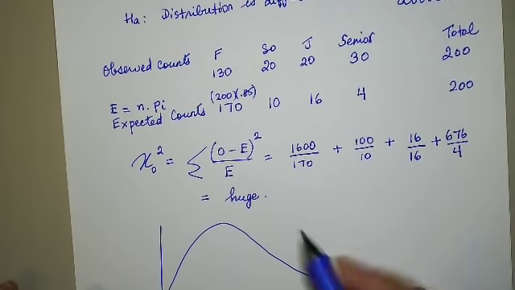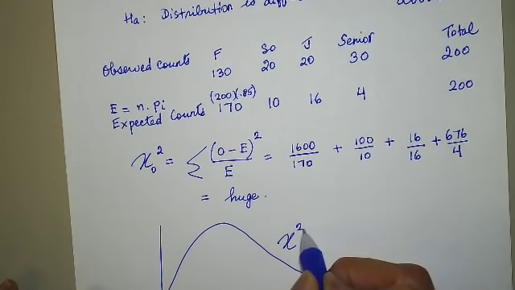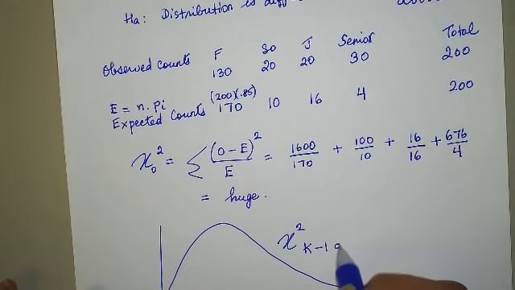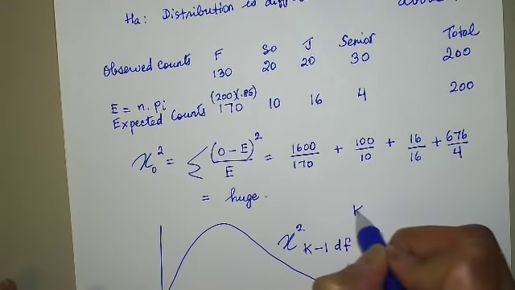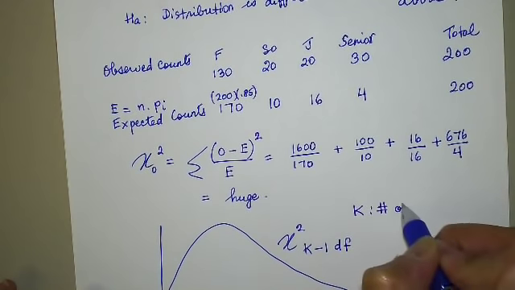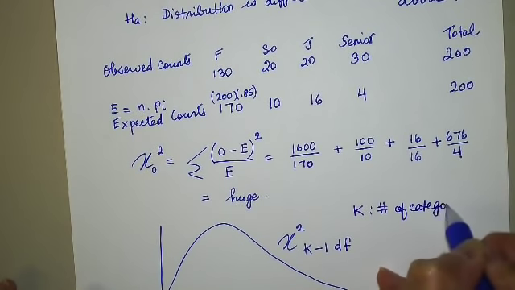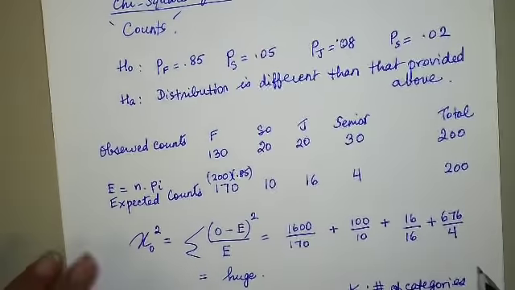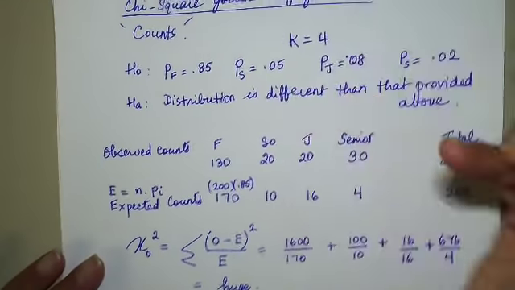I don't know what 26 squared is. 676. Divided by 4. So my test statistic is going to be huge, because already this number is huge, right? Huge.